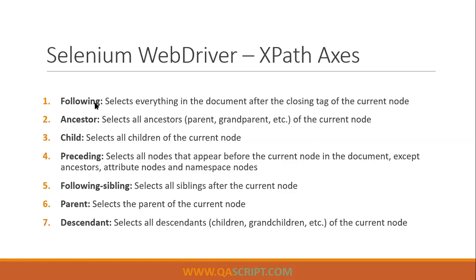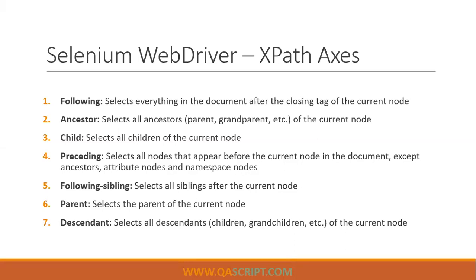So the first one is following, right? What it does is it selects everything in the HTML DOM after the current node. So if you are able to identify a particular node, which is your current node, then you can identify all the nodes which follow that particular node, right?